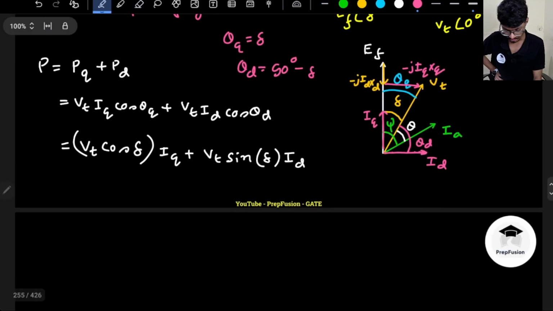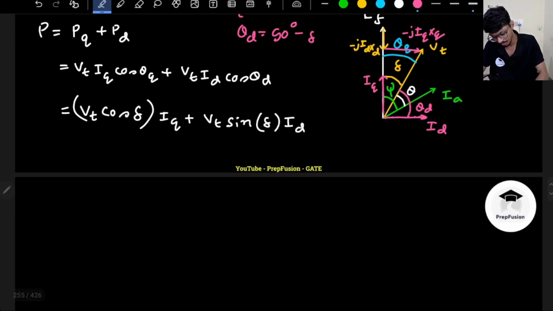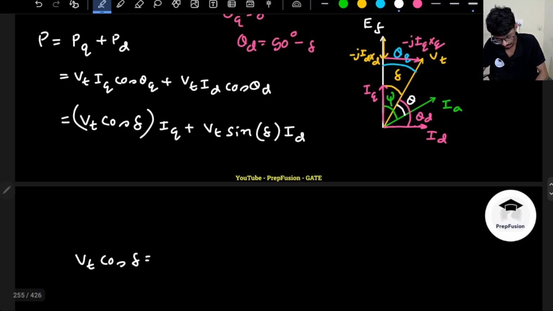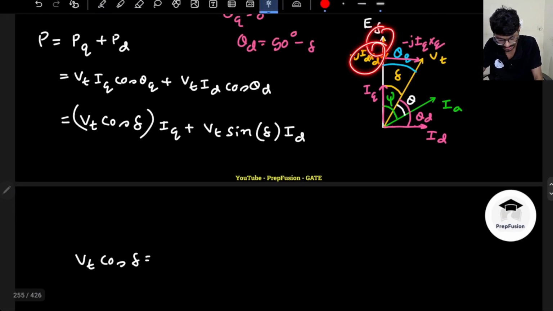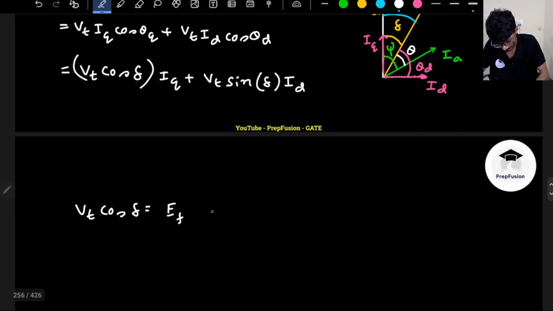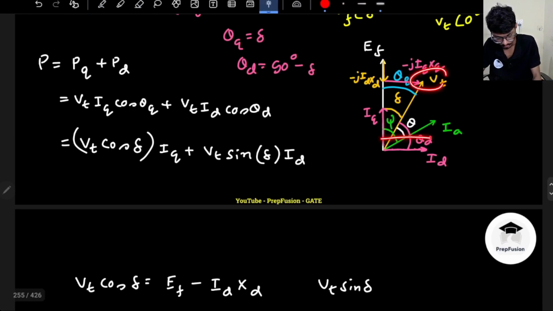So what do you notice? This VT, right? There are two components of VT. One is VT cos delta. So what is VT cos delta? VT cos delta is basically equal to this EF minus ID into XD because this is magnitude, right? So VT cos delta is equal to EF minus ID into XD. And your VT sin delta, if you see, VT sin delta is equal to what?